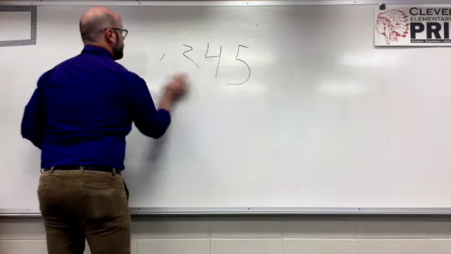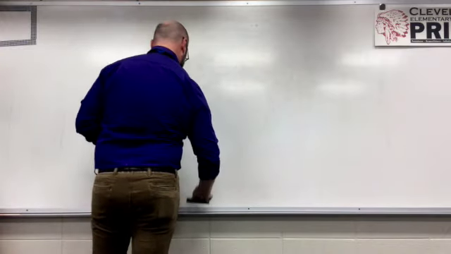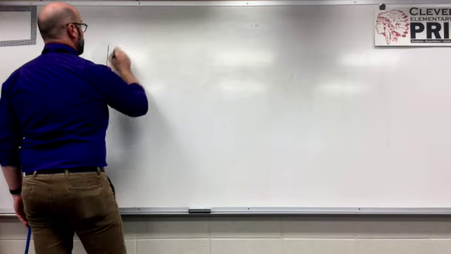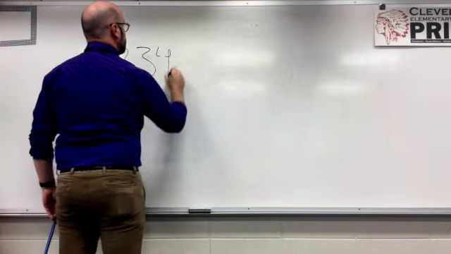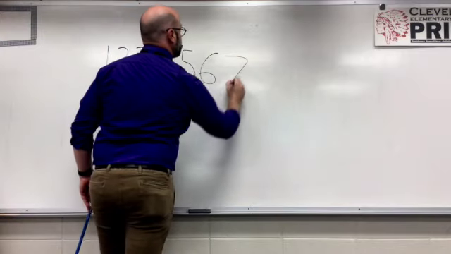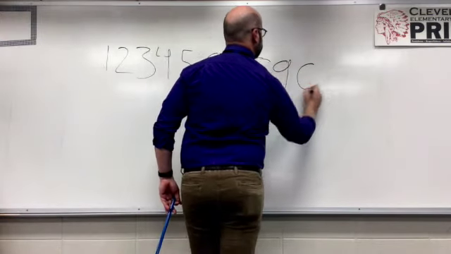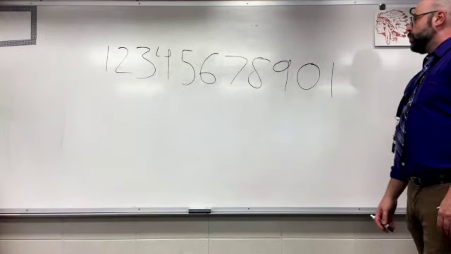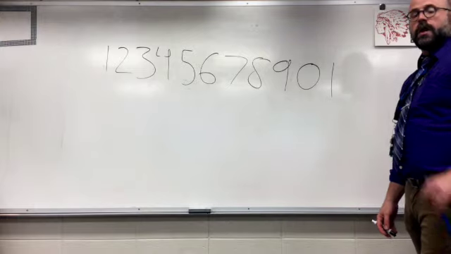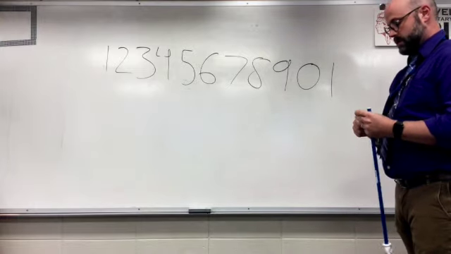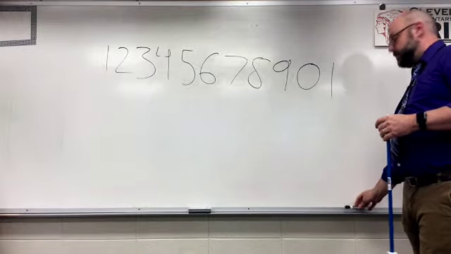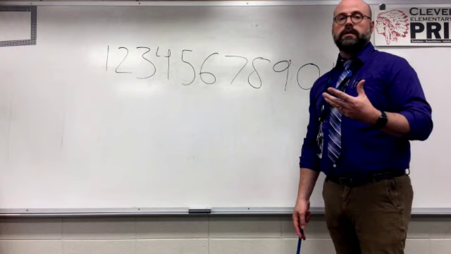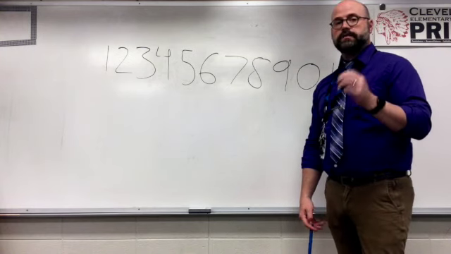What if I give you a number? We're going to get crazy here. 1, 2, 3, 4, 5, 6, 7, 8, 9, 0, 1. Woo! That's a big old number. Where do I put my commas? Commas are important, guys. You have to be able to numerically express a proper number, and to do that, you have to put commas.